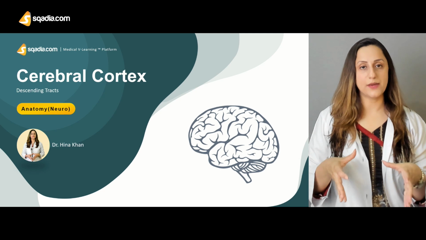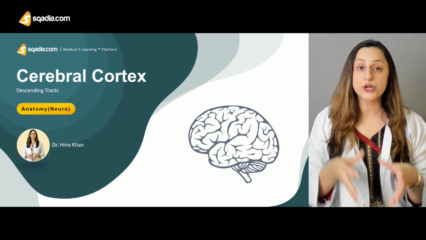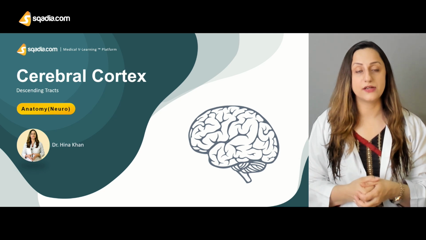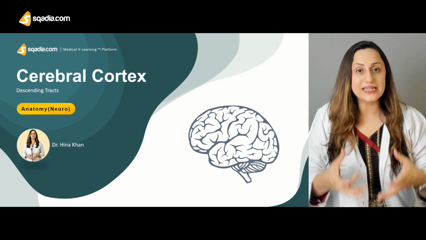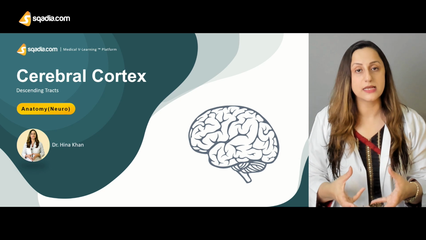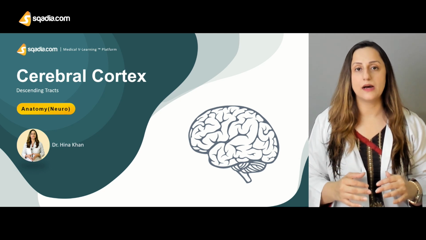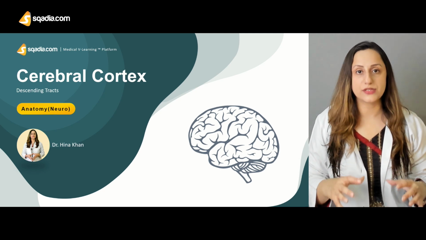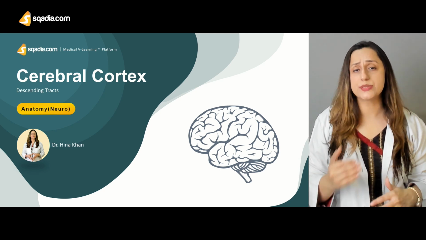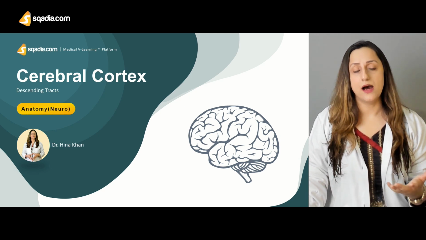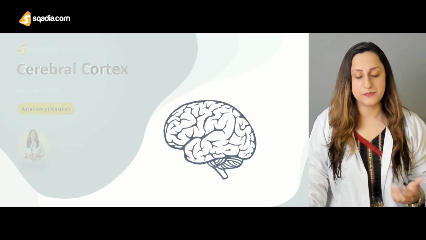Both of these hemispheres have motor areas located inside them, and they are responsible for the integration of the different commands, and then sending down messages towards the subcortical areas. After that, they also send down messages to the spinal cord regarding the particular voluntary action that they're going to perform.